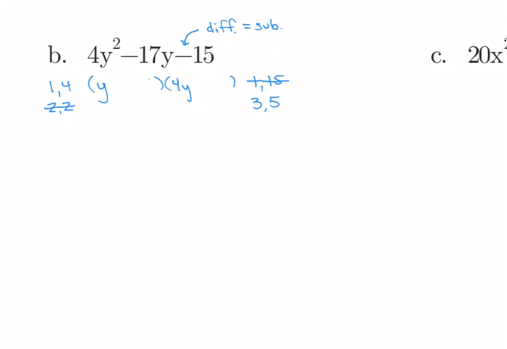So does that mean I want to multiply 4 times 3 or 4 times 5? Well, if I multiply 4 times 3, that gets me to 12, and I'm not going to be able to subtract 17. So I actually want to multiply 4 times the 5. I'm going to put my 5 in the first set, my 3 in the second set.